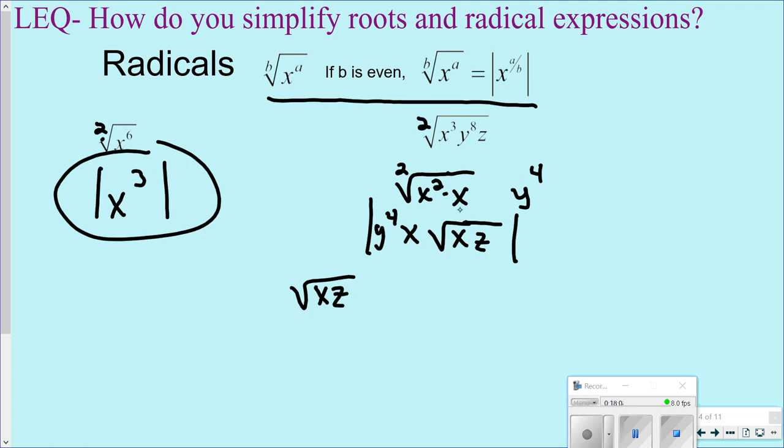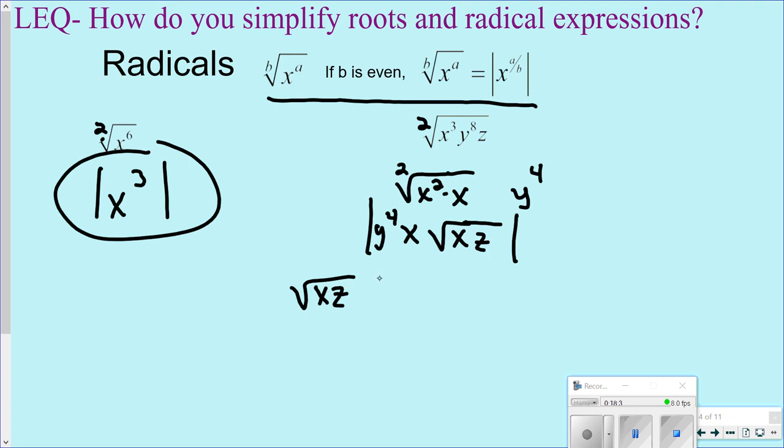So even though I initially put the y to the 4th inside of the absolute value, because that's what the rule told me, I'm realizing it's actually unnecessary, because anything to the 4th power will always be positive. It doesn't have to be inside of the absolute value for me to know that. It'll just always automatically be positive when we take a number to an even power.